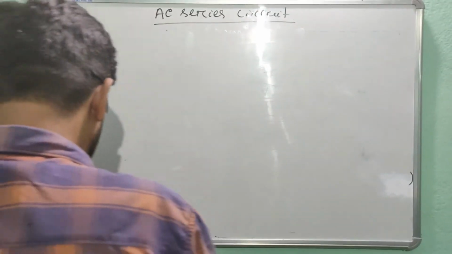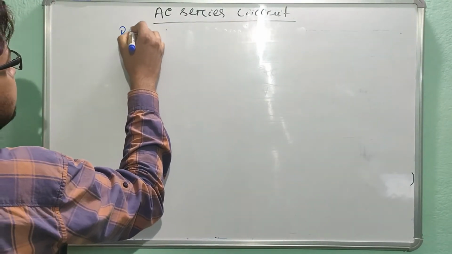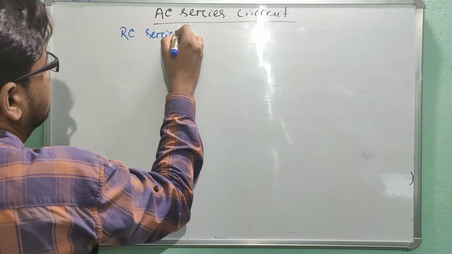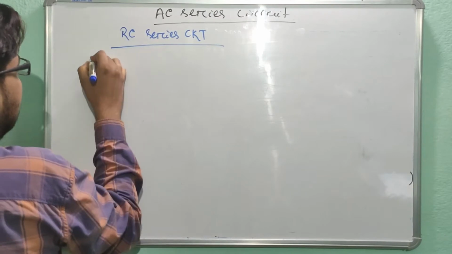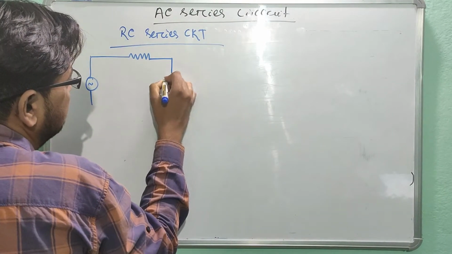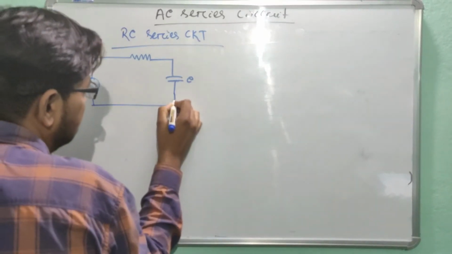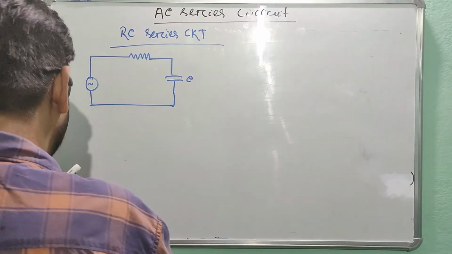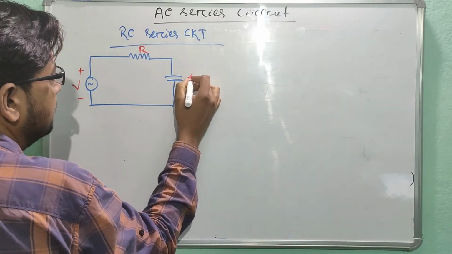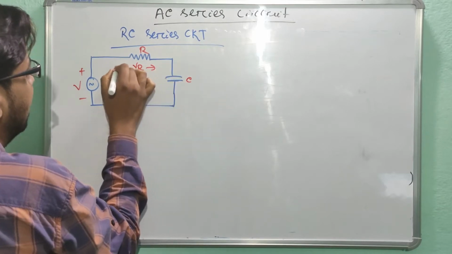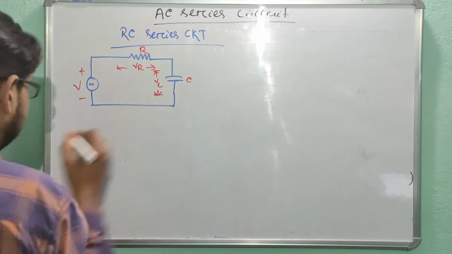For the RC series circuit, you have to connect a resistance in series with a capacitance C with a voltage source V. This is my V, this is my R, and this is my C, and this is my VR, the voltage drop across R, and this is my VC, which is the voltage drop across C.